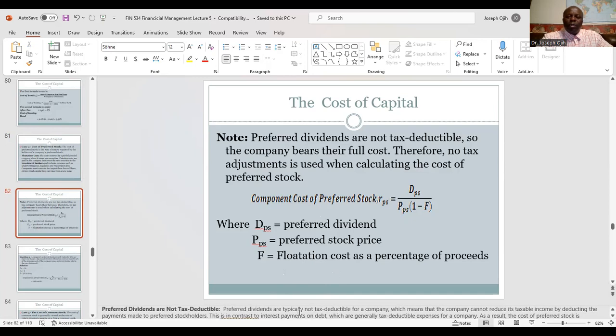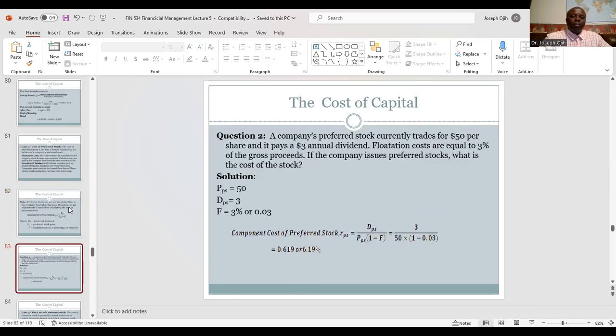Some debt, the cost of debt, can be tax deductible, but not preferred stock. So now this is the formula for computing it. Let's see if we can do an example now.